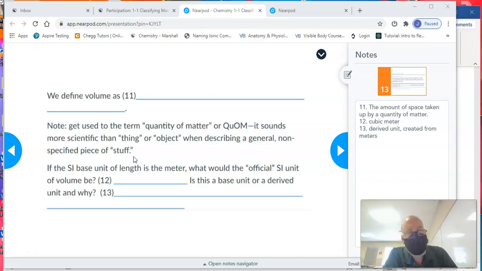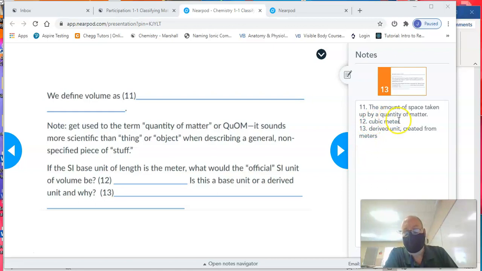So if the SI base unit of length is the meter, what would the official SI unit of volume be? And remembering that volume is length on three sides, right? I've got the height, and I've got the width, and I've got the depth of the object. So it's a 3D object, and volume is going to be cubic meters.